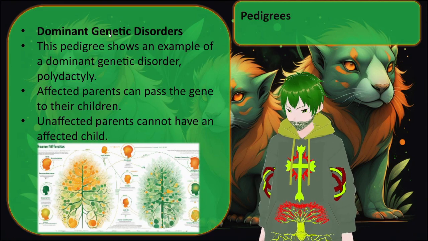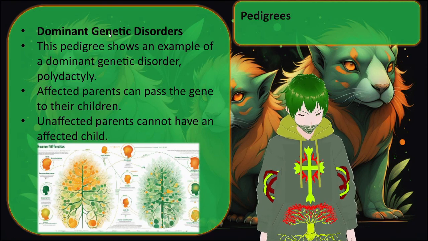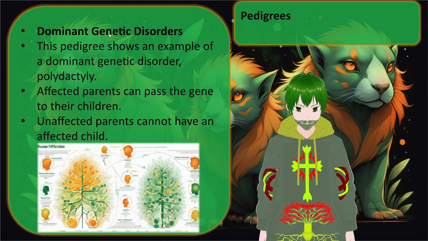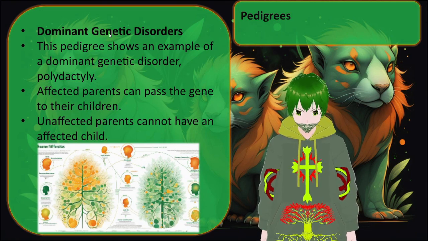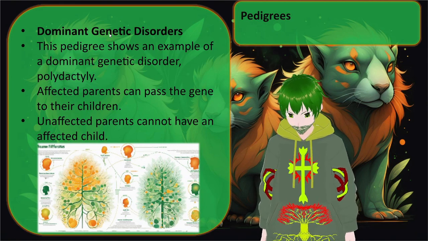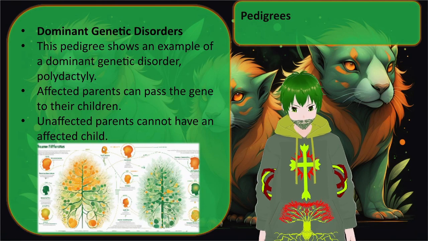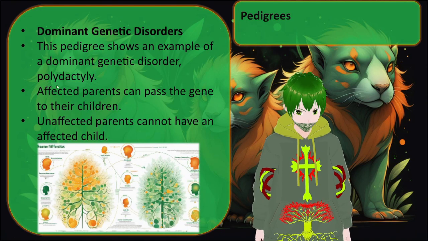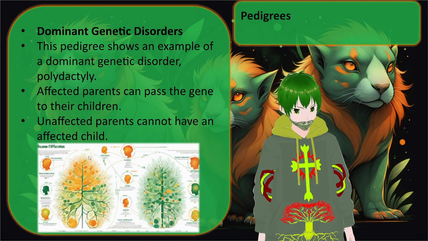To have a full-blown expression of it, you have to have both sickle cell alleles. Because it's a codominant disorder, people who have one normal allele and one sickle cell allele produce both normal round red blood cells and abnormal crescent moon-shaped blood cells. Now, an example of a disorder that is dominant would be something like Creutzfeldt-Jakob disease, where you only need one allele that has this disorder for you to express it.